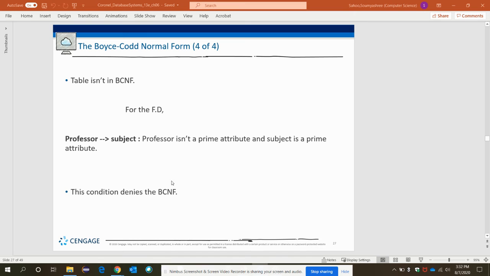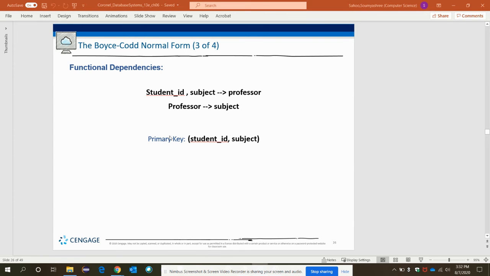Let's make sure the table is in first normal form, second normal form, and third normal form. For first normal form, do we have atomic values? Yes, that holds true. For second normal form, does it have any partial dependency?